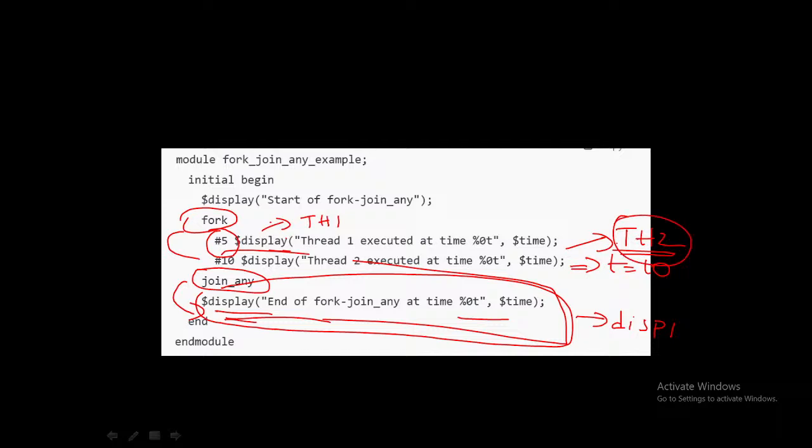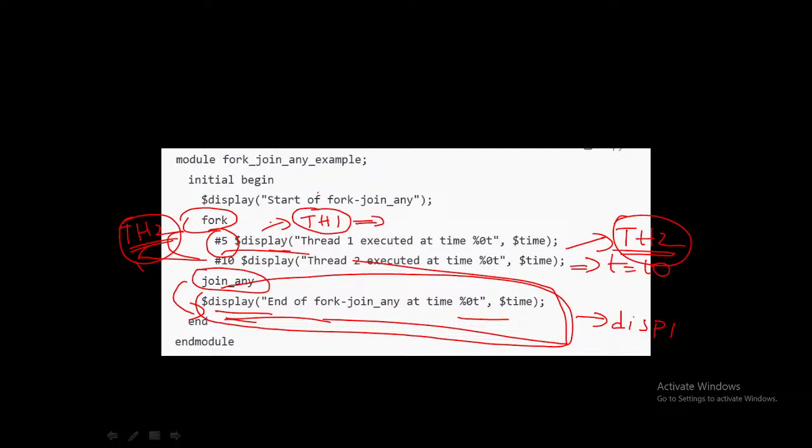In the output you can see, whereas in the case of fork join, first at time t equal to 5, thread 1 will be executed, and at time t equal to 10, thread 2 will be executed, and afterwards the display statement which is declared outside will be executed.